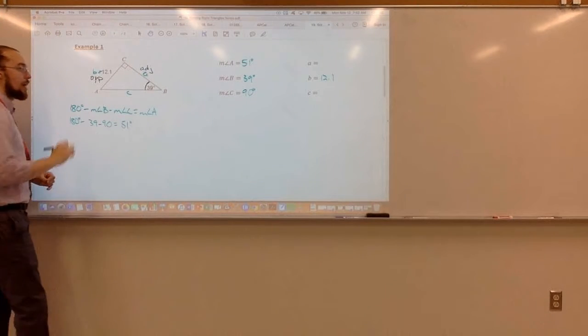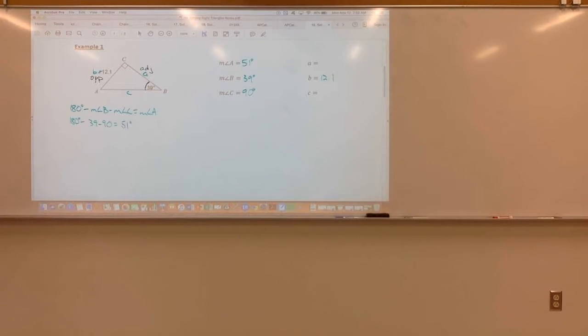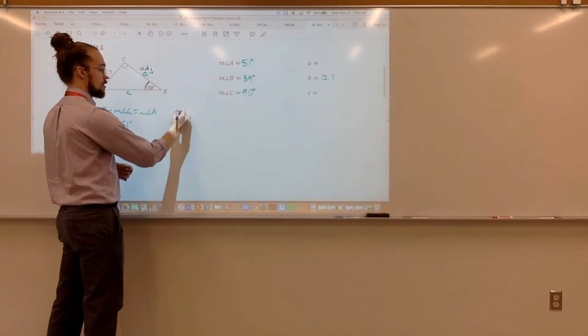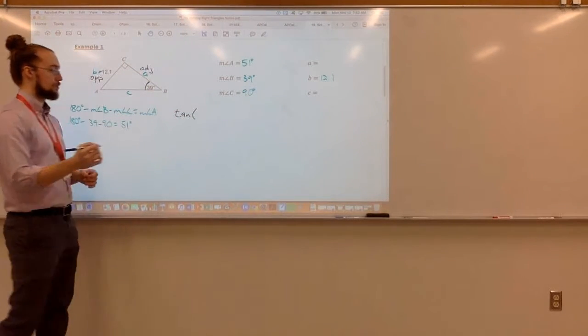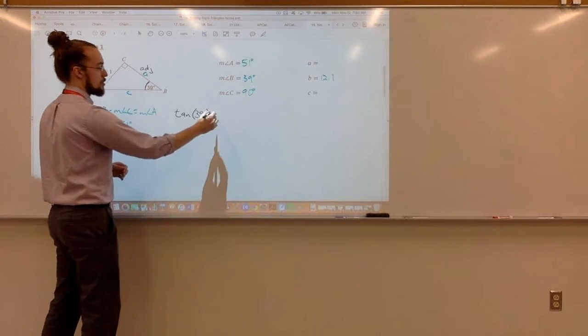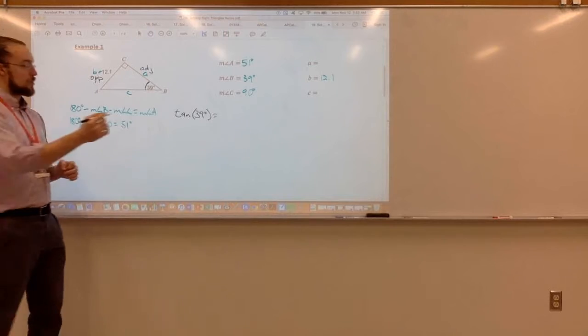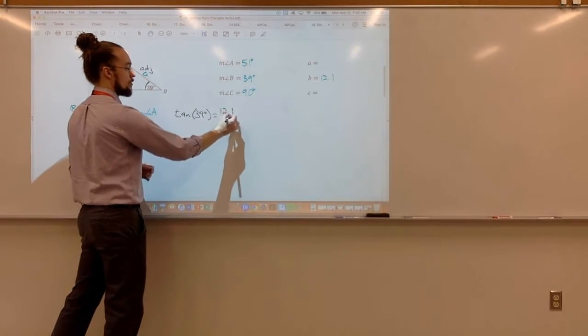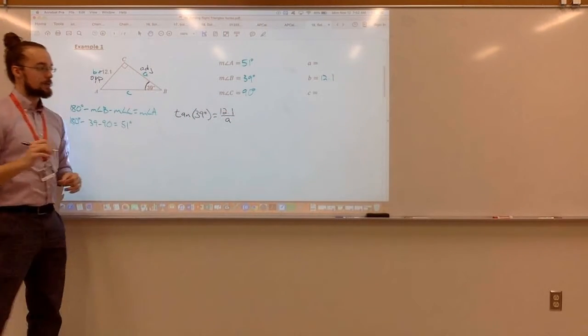So to solve for A, what trig function am I going to use? Tangent. So what's my setup going to look like? Tangent of 39 equals 12.1 over A. How do I solve that?